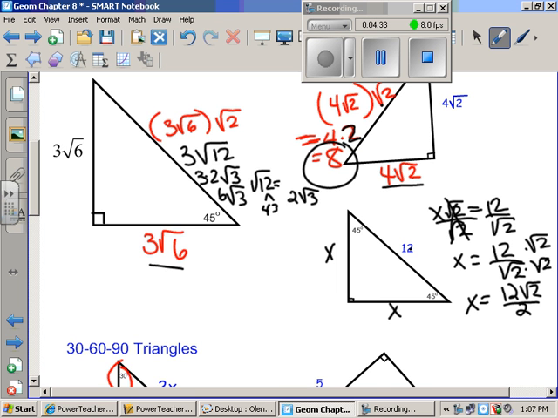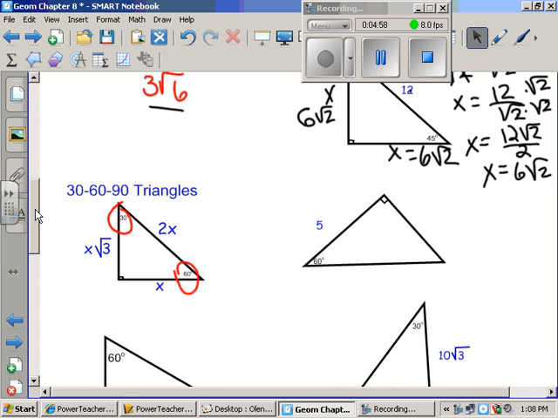Then I can divide the 12 and the 2 because they're both outside the radical sign. So I get x is equal to 6 square root of 2. So this side is 6 square root of 2, and this side is 6 square root of 2. All right? Okay. So that's for a 45, 45, 90 triangle.